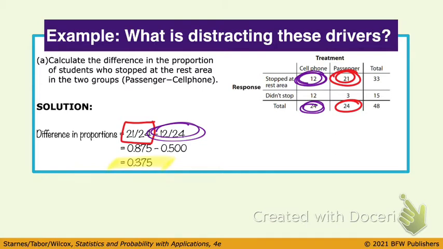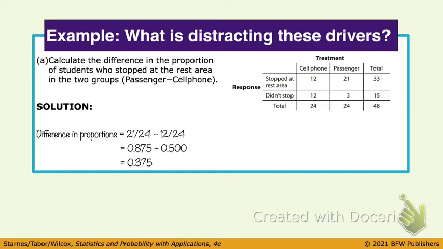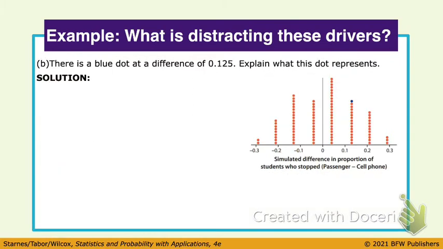Is that difference big enough to be statistically significant so that I can say that having a passenger versus having a cell phone is going to change whether or not I'm distracted? Well, that's where we do the simulation. Here's a simulation of pretending to do this experiment 100 times.